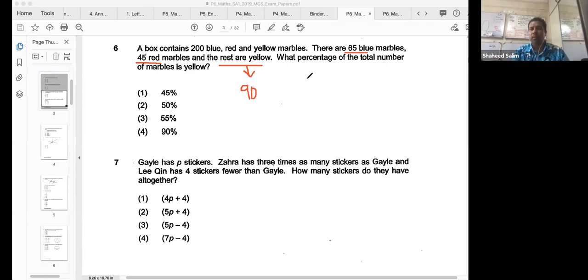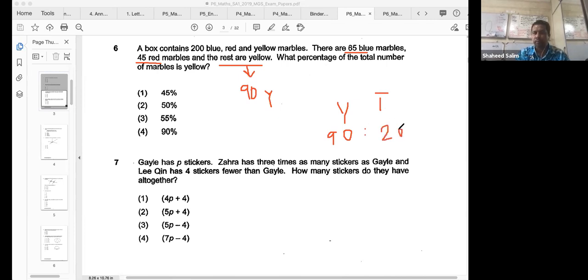Now they ask you, what percentage of total number is yellow? Yellow is 90. Total number is 200. Cancel 0, cancel 0, 9 is to 20. Oh, what percentage? Sorry.